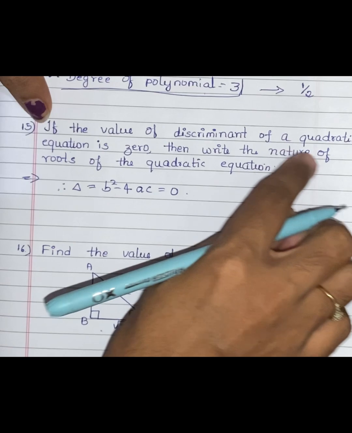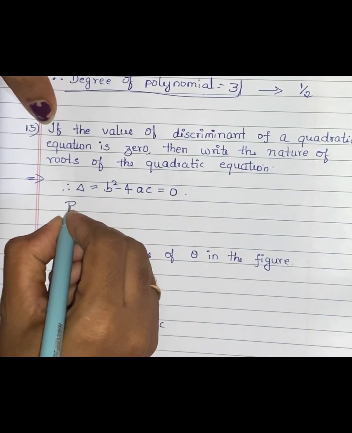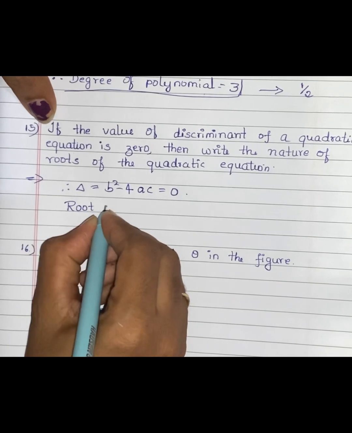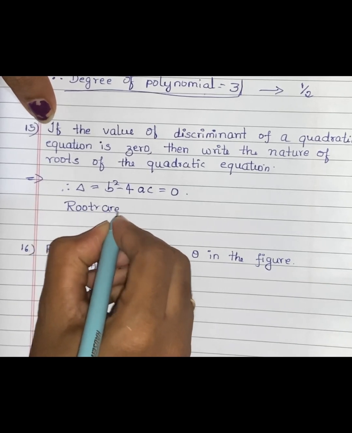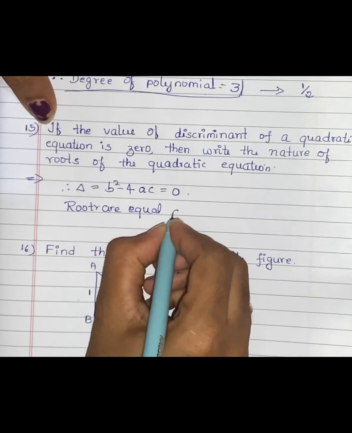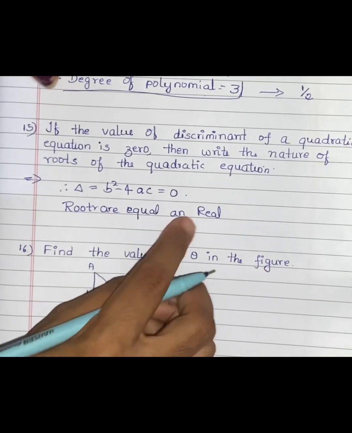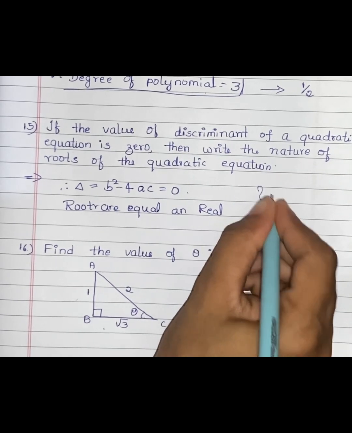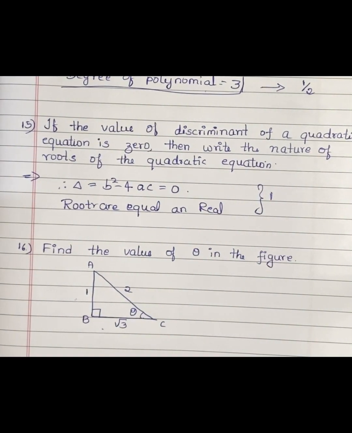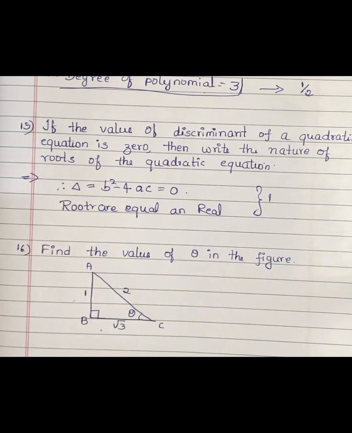That means we need to write the nature of the roots: roots are equal and real. You need to write both these lines to get 1 mark. You cannot split any steps; you need to write both to get 1 mark for this.